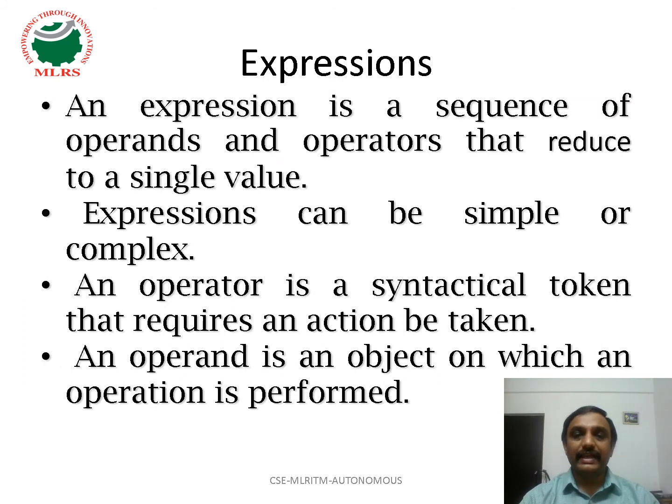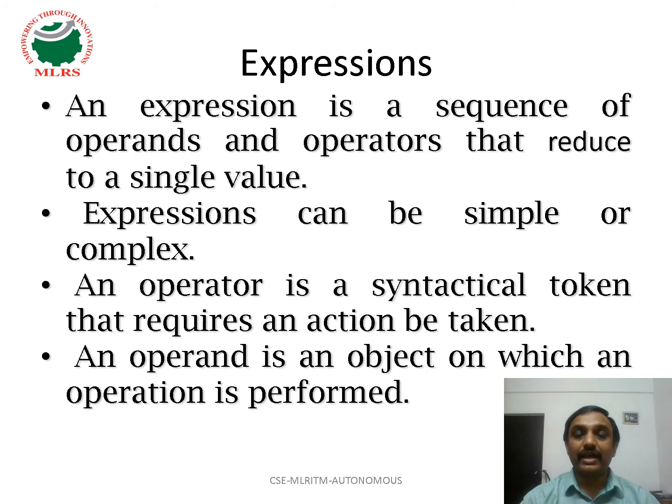Next is expression. What do we mean by an expression? An expression is a sequence of operands and operators that reduce to a single value. Expressions may be simple or complex. In a simple expression, you will have only one operator. In a complex expression, we have multiple operators.